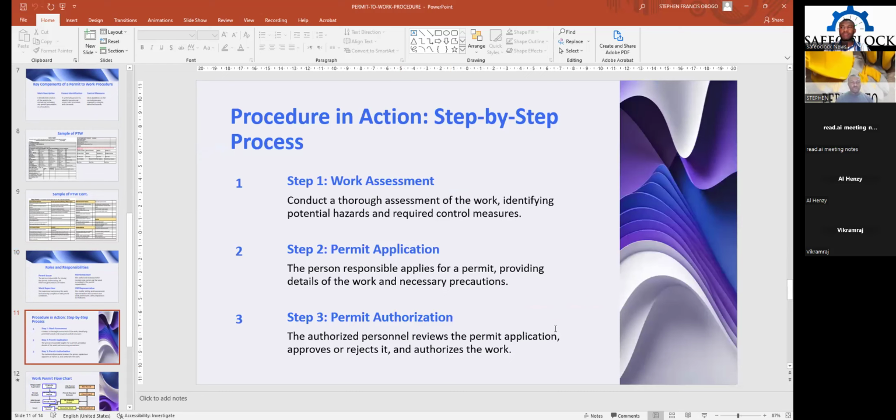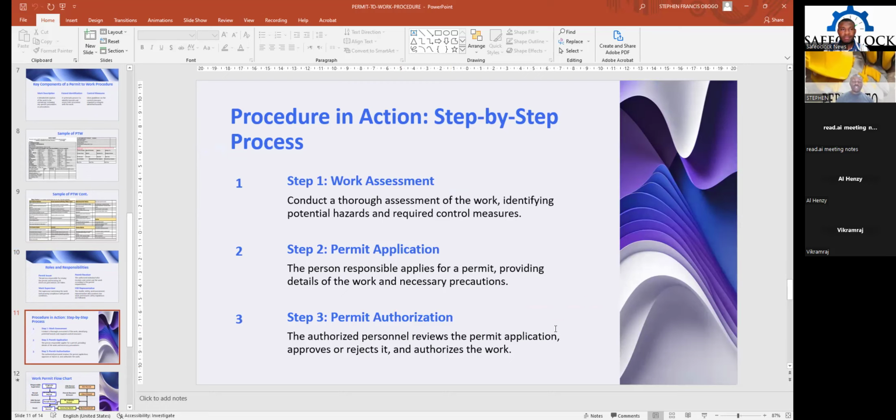So when we focus on the procedure itself, the step-by-step process, you discover that step one has to do with the work assessment. What is the work assessment? We have to conduct a thorough assessment of the work, identify the potential hazards, and required control measures. Somebody will not just come to you, wanting to apply for a permit, and you just check paperwork.